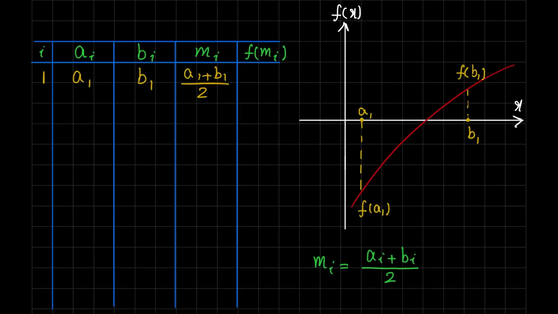So let's look at the graph and find the midpoint of the interval [a1, b1]. It's fair to say that the midpoint is around here, so we can call it m1, and then we have f(m1) here, which has a negative sign. So the last column is the sign of f(m1).